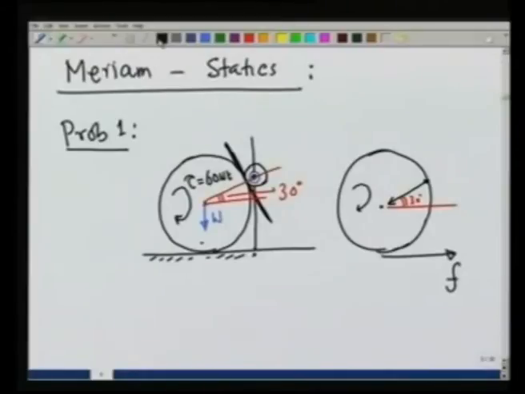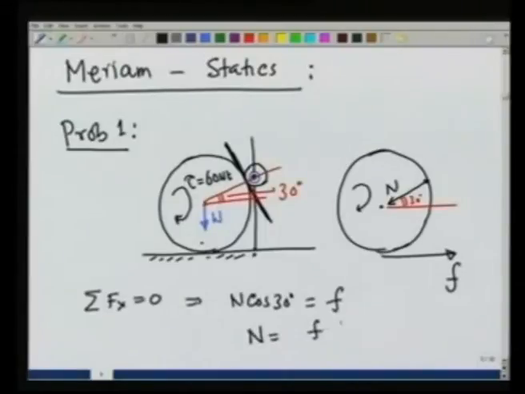If we now apply the equilibrium conditions, summation Fx equal to 0 gives us, let this force be N, N cosine of 30 degrees is equal to F, and therefore, the normal reaction N is going to be F divided by cosine of 30 degrees. Similarly, let me make the picture again.